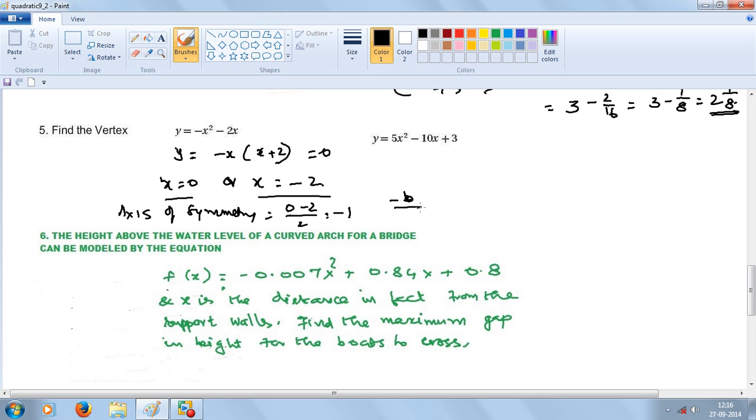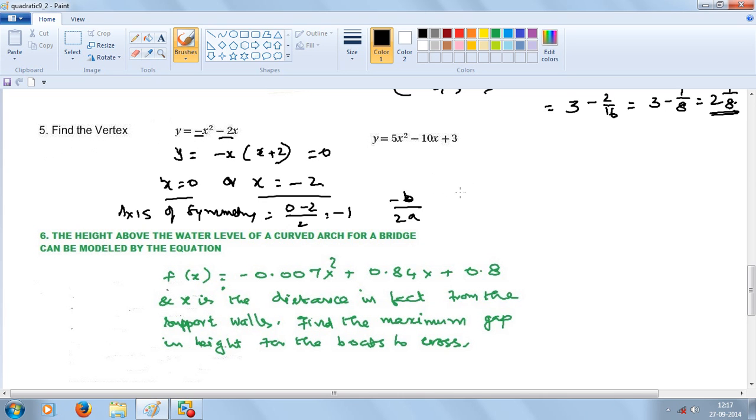The axis of symmetry is minus b by 2a. If you rearrange this equation, you know the value of b is minus 2, a is minus 1.